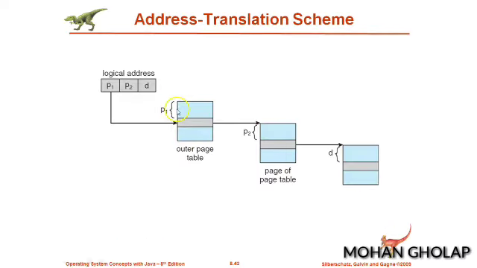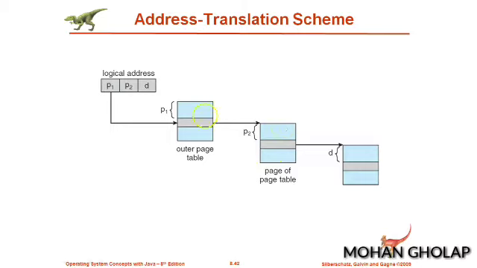So let us see how exactly the address translation takes place here. As we saw, the logical address is divided into the page number and the page offset. Further, the 22-bit page number is divided into a 12-bit page number and a page offset. As I told you, P1 is the 12-bit page number, and it is used for the outer page table. With this P1, you will find the corresponding record in the outer page table. This record has a pointer to a particular page table, pointing to a particular segment of the page table as we saw in the previous slide.